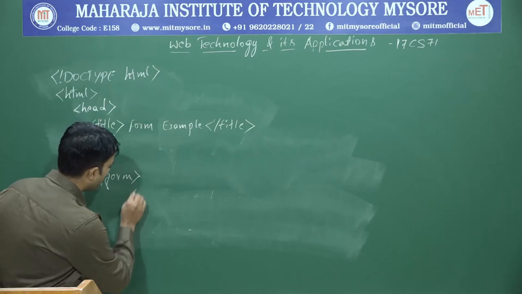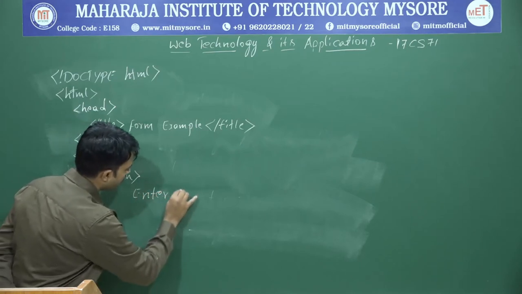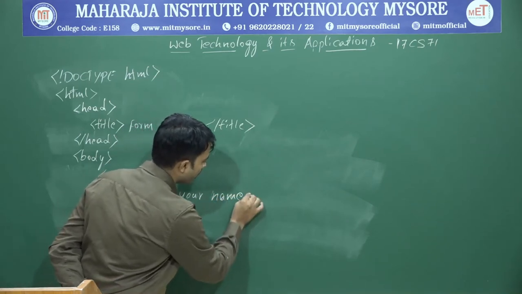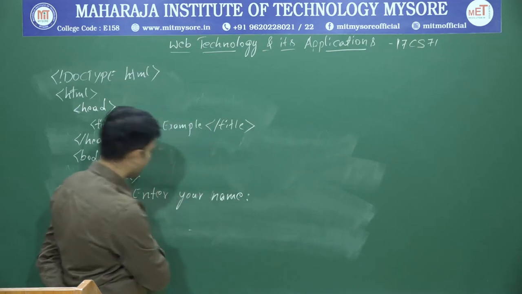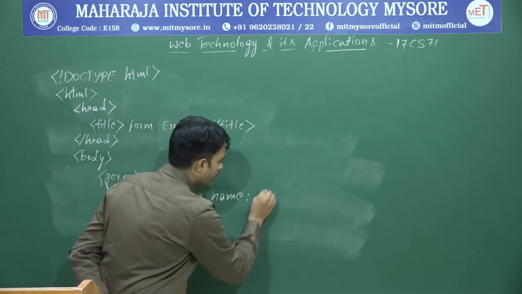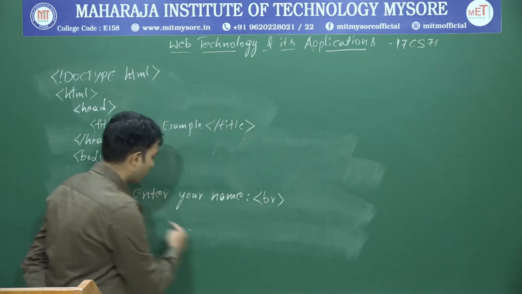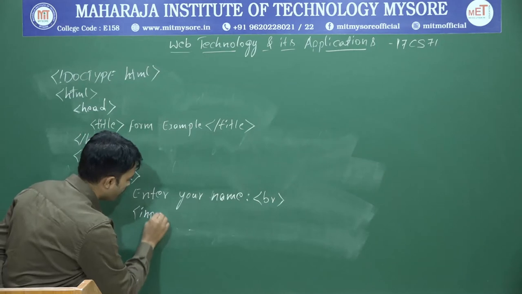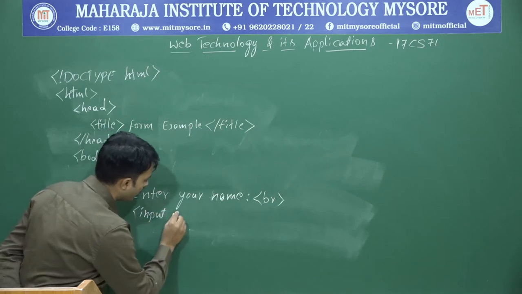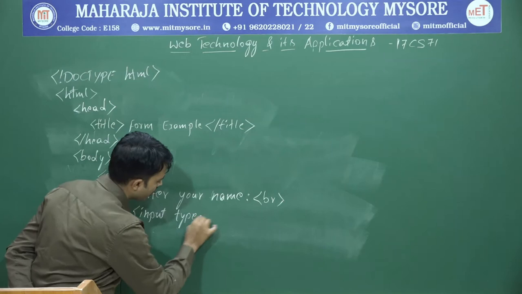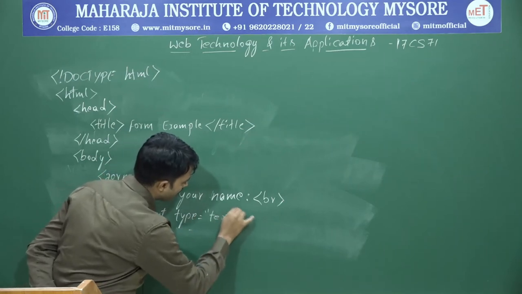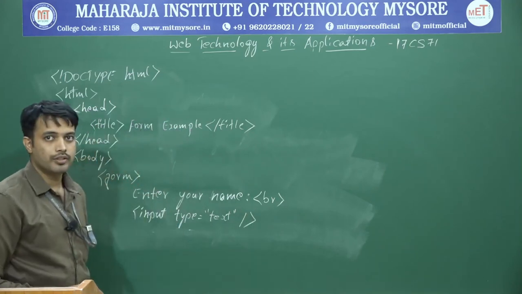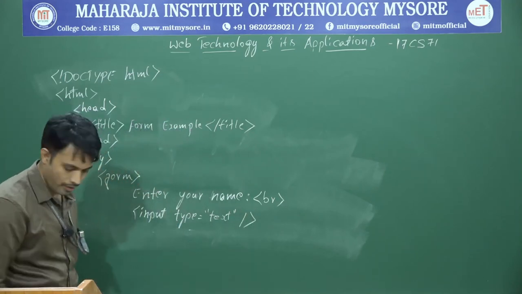Within the form, enter your name colon, this is normal text, followed by a break, so the cursor comes to the next line. In that next line, input, type equals within double quotes text, close this.